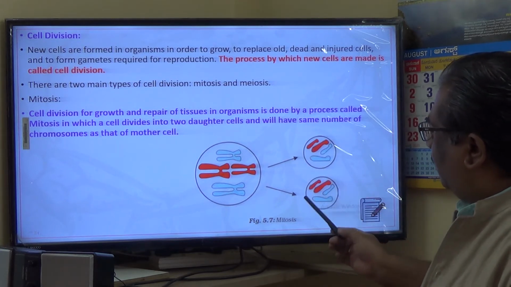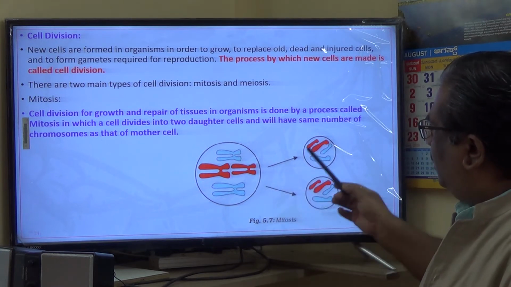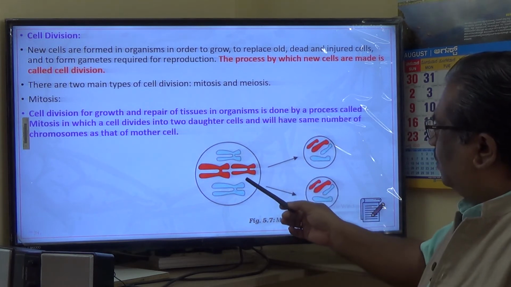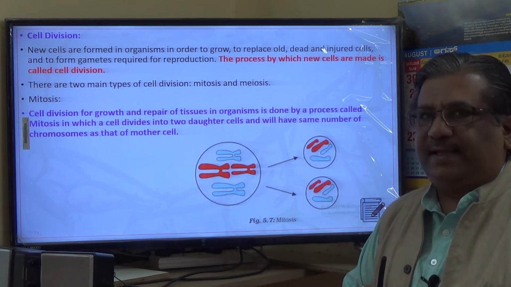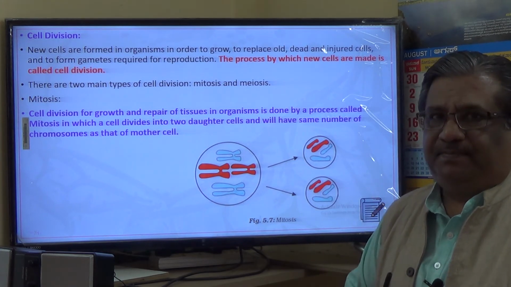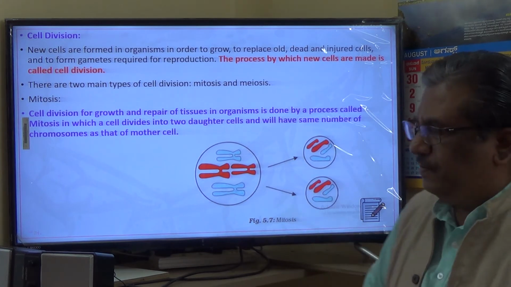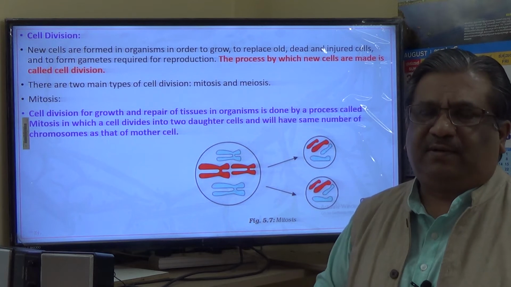If you look at the number of chromosomes in this process, 4 chromosomes, 1, 2, 3, 4, the number of chromosomes in the parent cell and in the daughter cells remains the same. This cell division is observed in the entire body structure.